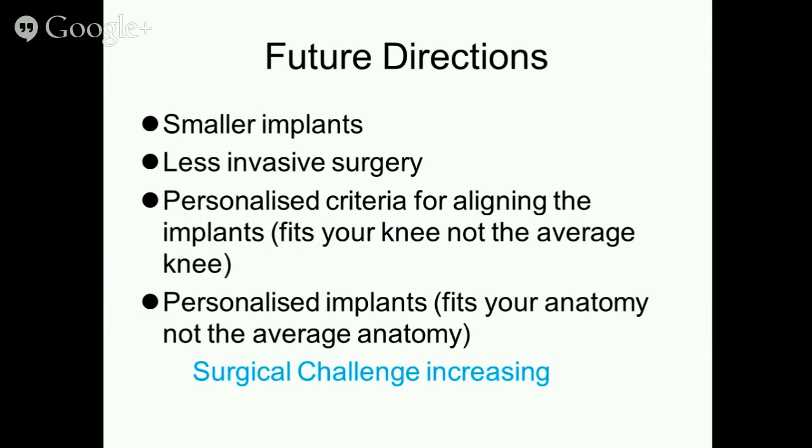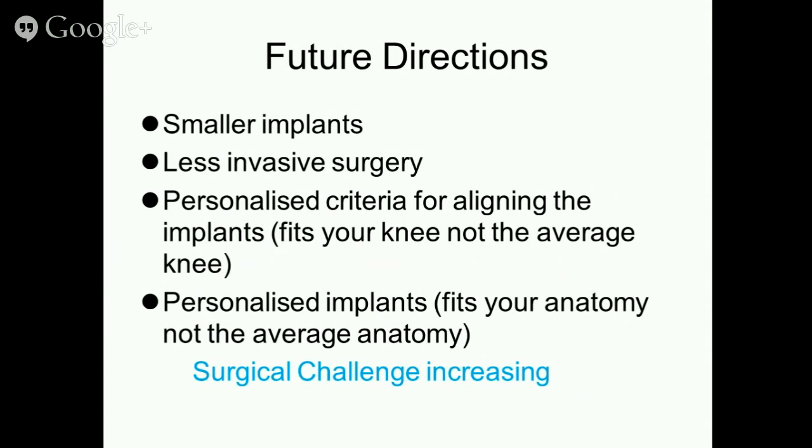So in the future we need to have criteria for aligning the implants based on the person's knee, and ultimately it would be best if we had personalized implants that fitted your own anatomy, not the average anatomy of the average knee.